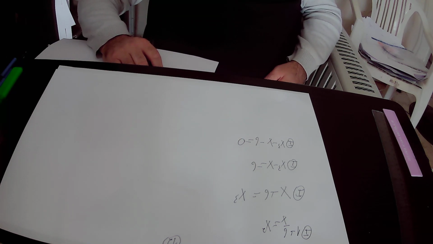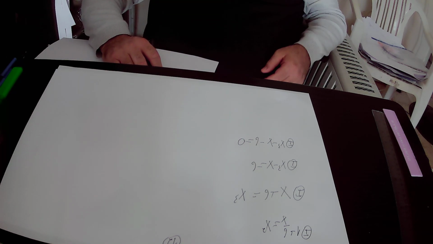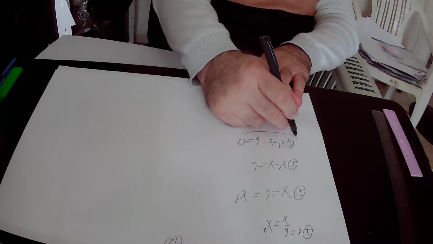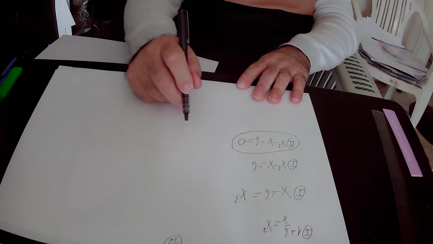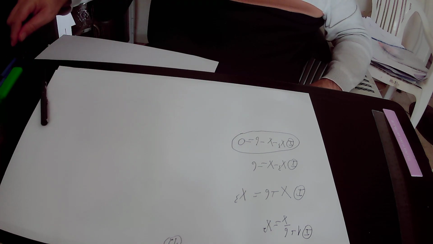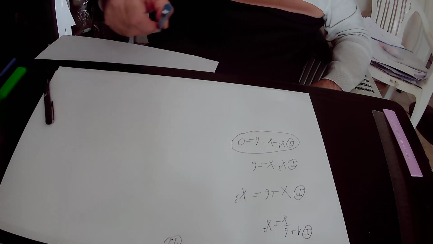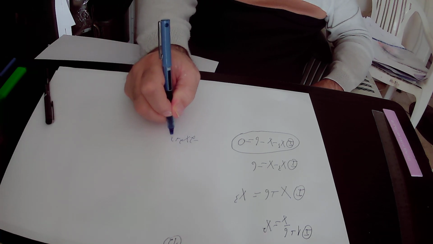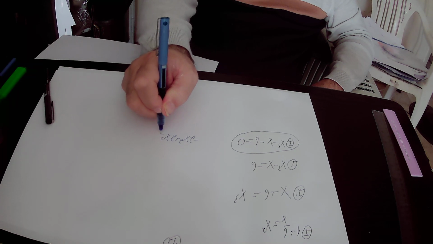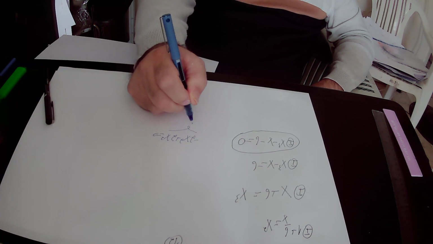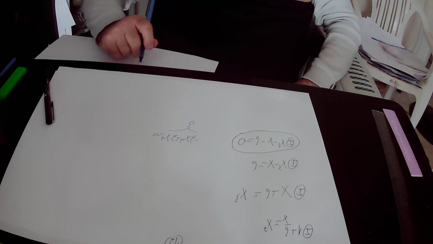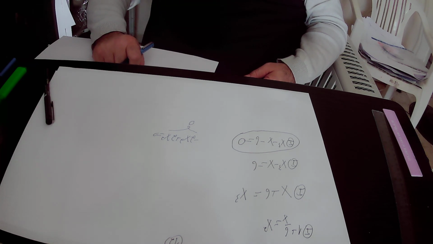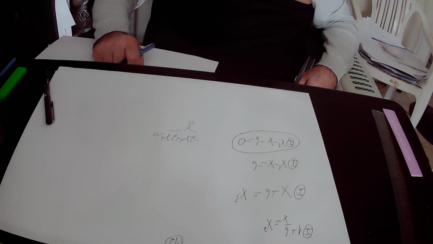Okay? So here, actually we know that minus 2x squared plus 2x squared equals 0. It equals 0, and it is allowable to add 0 to any equation.